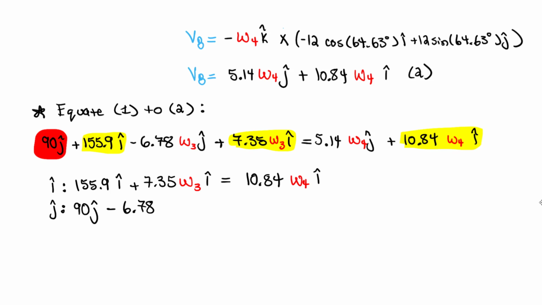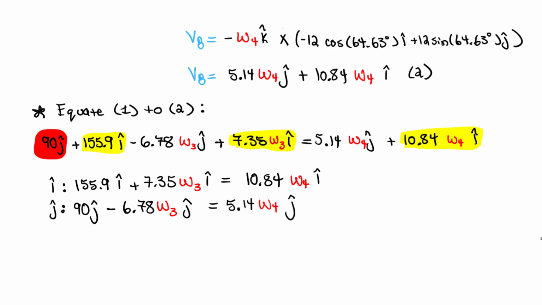So it's omega 3 in the J equals this one. Respect that equal sign: 5.14 omega 4 in the J.